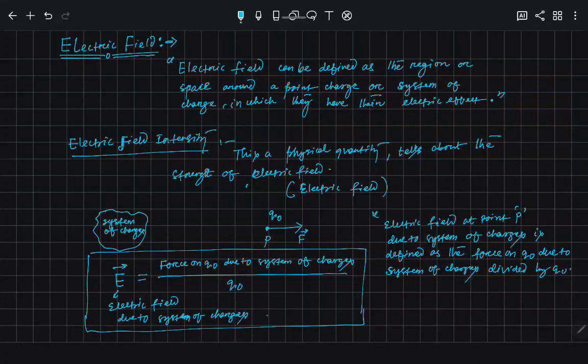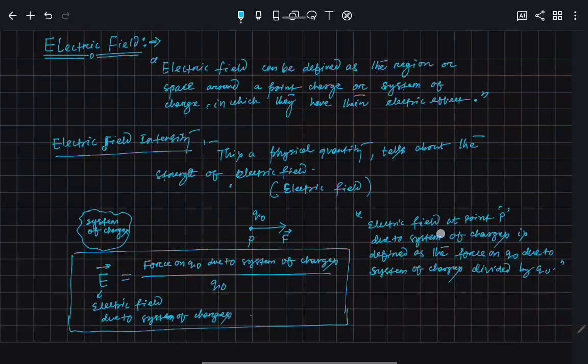That's what we have talked about, right? So the electric field will be the force divided by q naught.